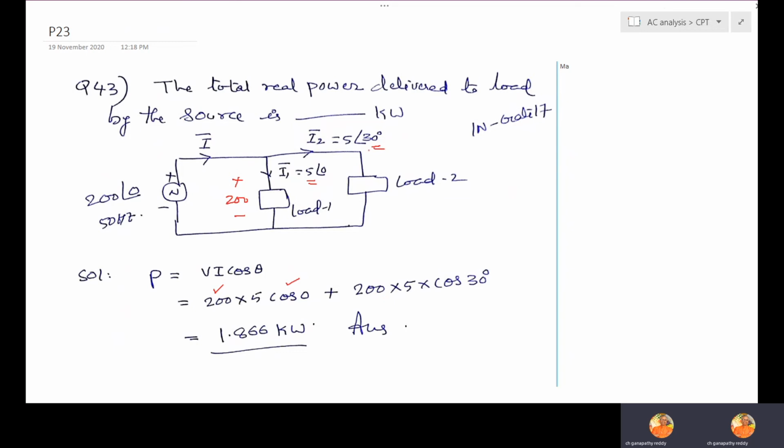Here current angle is 30, voltage angle 0, so the difference is 30. Simple. So total power is nothing but power in load 1 plus power in load 2. Whether they are in parallel or series, it should be done like this only. And because in parallel the voltage is the same, currents have different values, anyway given. I used VI cos theta. I can't use I square R or V square by R because R values are not known, na. So VI cos theta only is preferred.